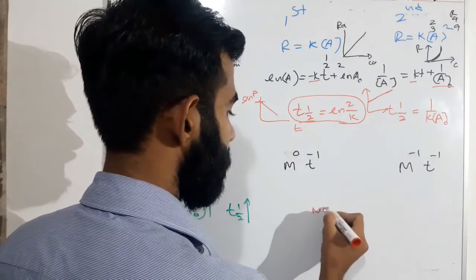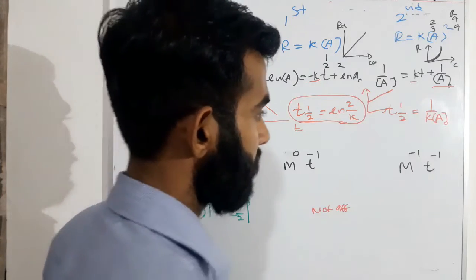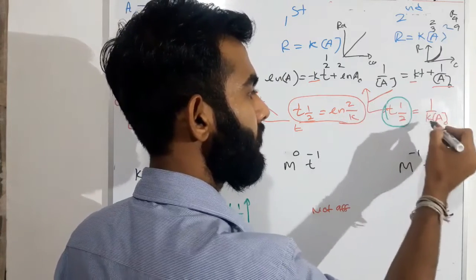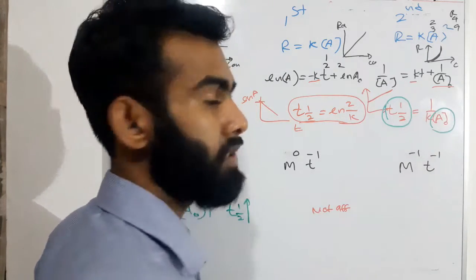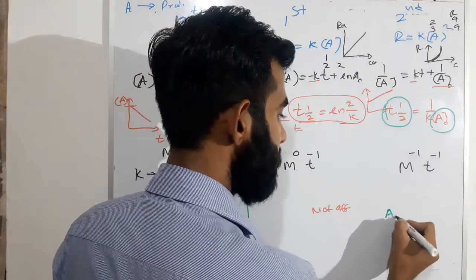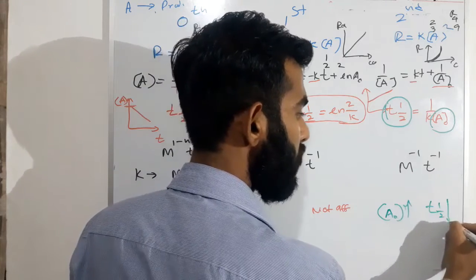Not affected. However, in second order reactions, the thing is opposite, because t half is inversely proportional to initial concentration. That means if initial concentration is higher, t half will be lower.